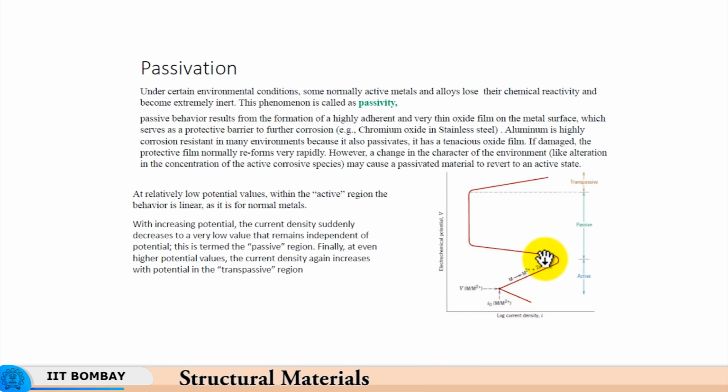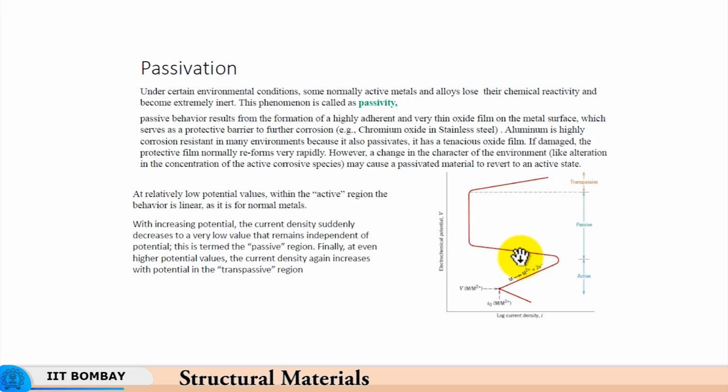And as the oxidation takes place and the current density increases, beyond a certain current density, the current density starts decreasing and the oxidation potential remains practically constant. So, current density moves backwards, oxidation potential or the electrochemical potential practically remains constant.